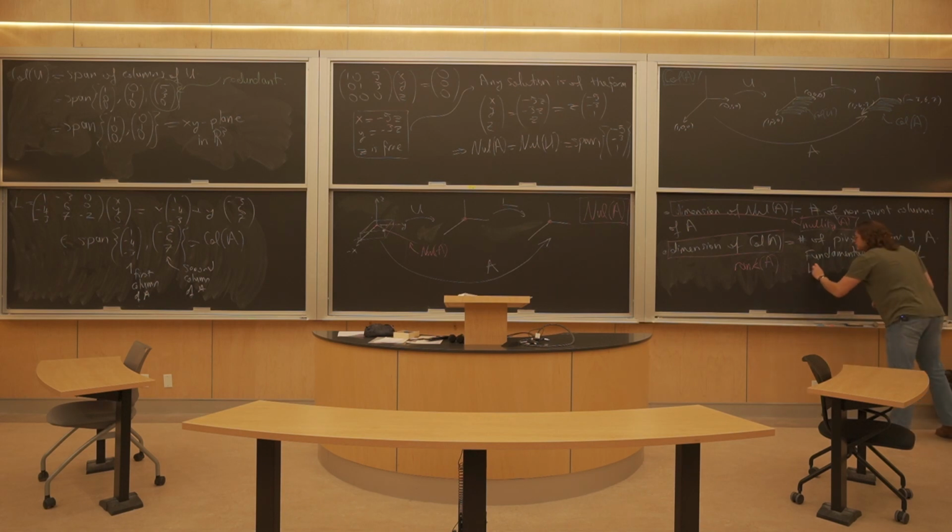The rank of a matrix plus the nullity of a matrix equals the number of total columns, which is equal to the dimension of the inputs.